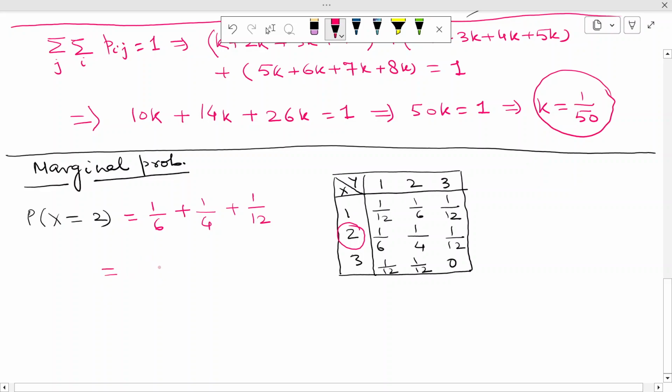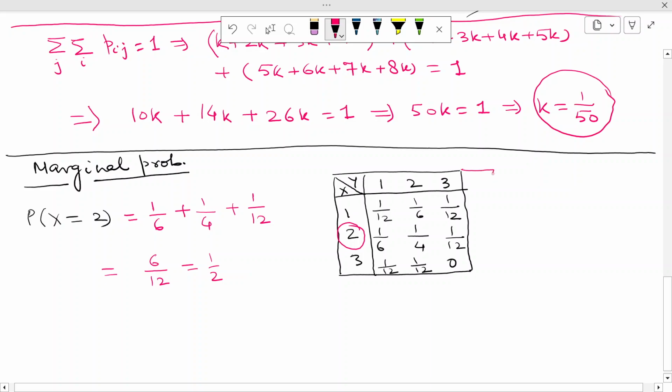When you add all these probabilities, this comes out to 6 by 12, or you can say 1 by 2.